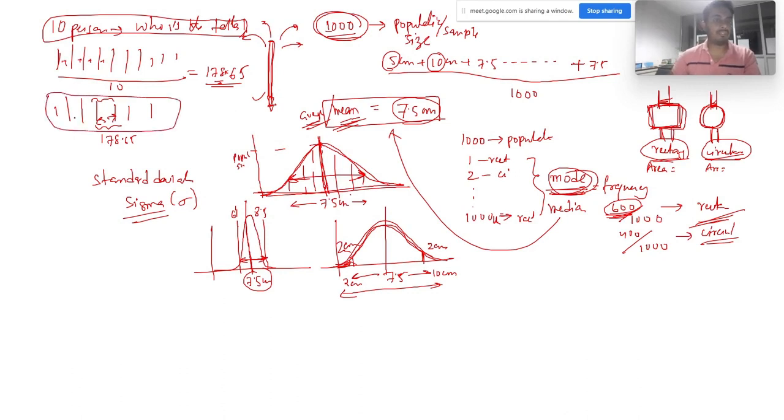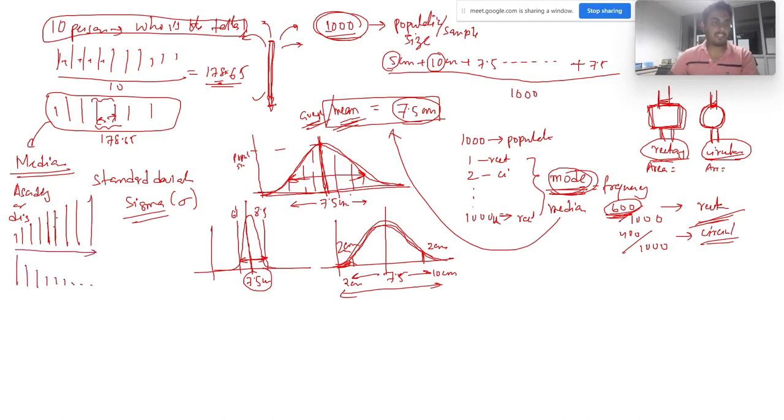So what you do is use something like a median. In median, we arrange the numbers in ascending or descending order, and then you identify the middle value.